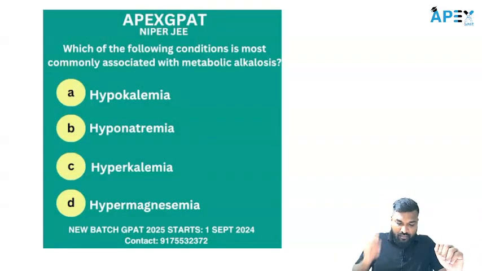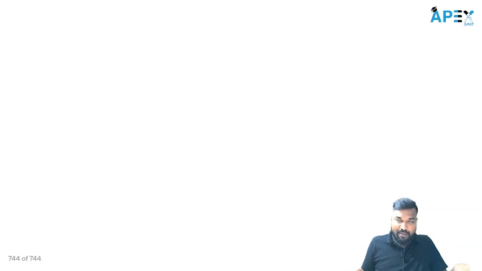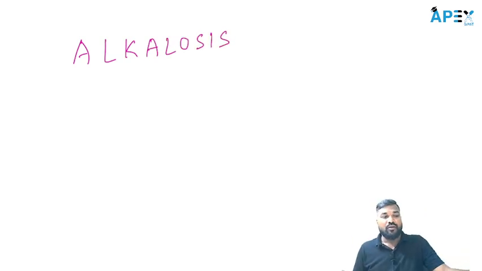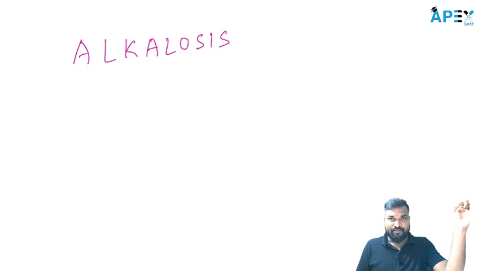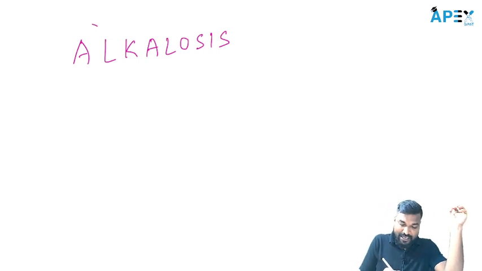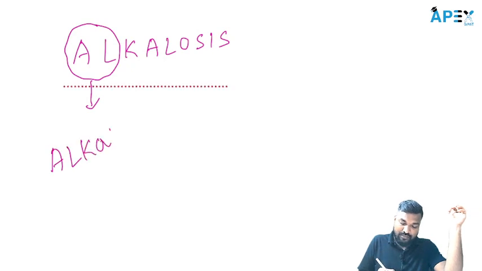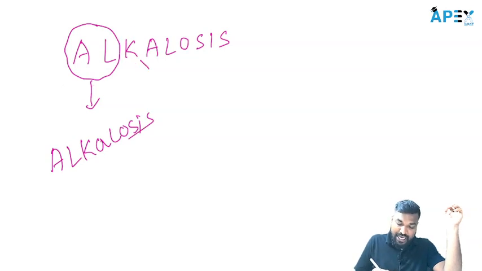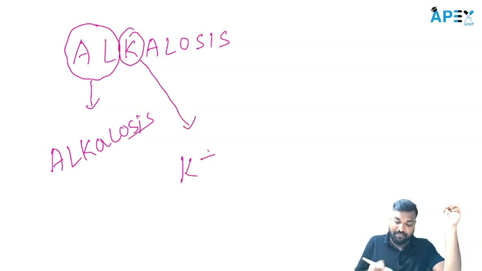First, we will see metabolic alkalosis. So, what is alkalosis? The name itself is saying Al. Al means alkalosis. So K means potassium.